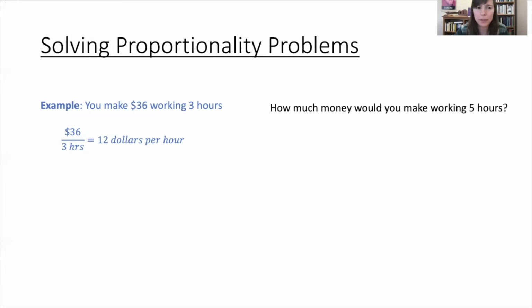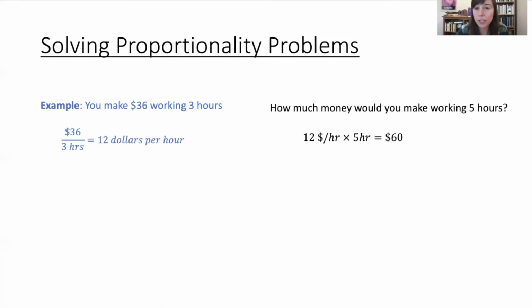Okay, I'll give you a second to work this out yourself. Pause it. Well, okay, you take your constant of proportionality, $12 per hour, and you multiply by the number of hours you worked, and you end up with $60.